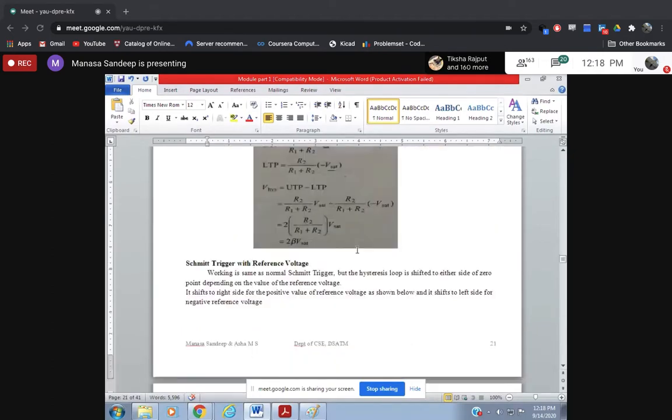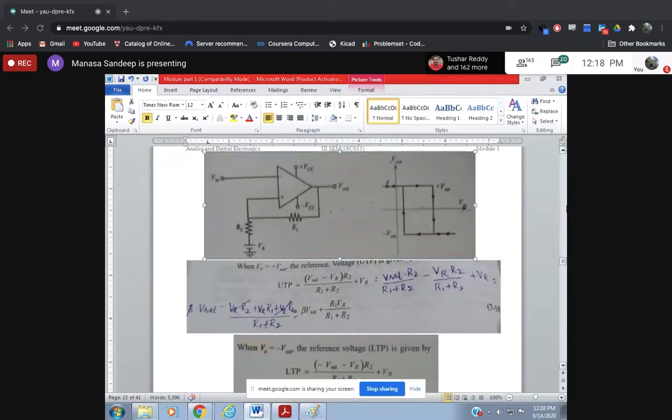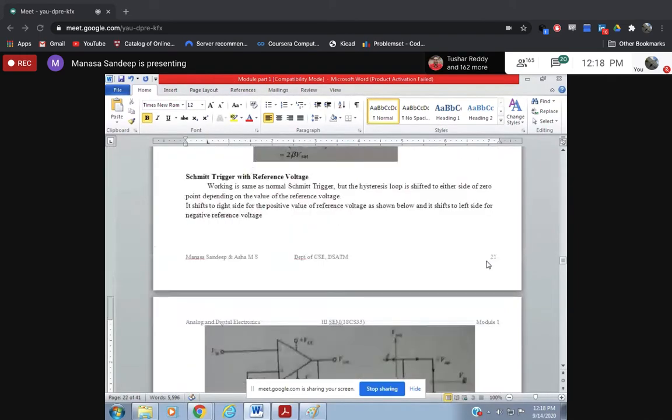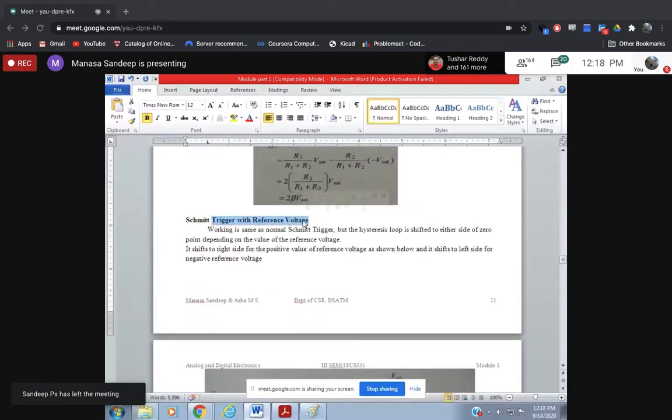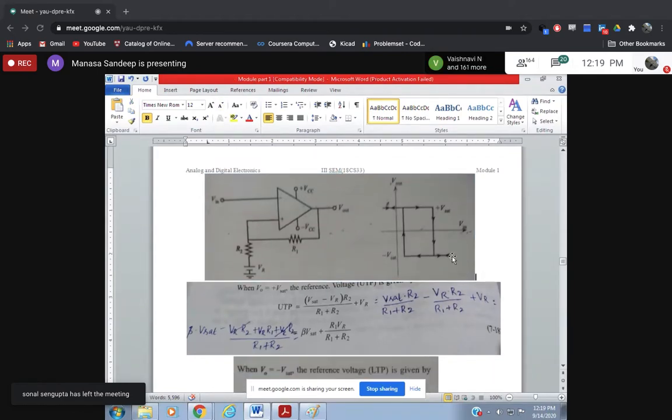But you can shift the hysteresis here and there by applying external voltage. So this is what Schmitt trigger with reference voltage is. Along with this positive feedback, you can also apply this external voltage. So what changes is it going to give? The hysteresis won't be origin centered, that is the only difference here.